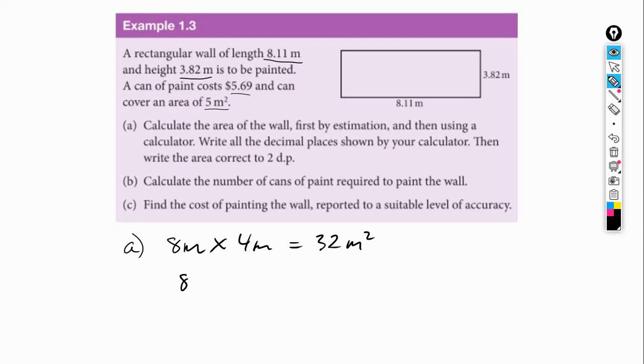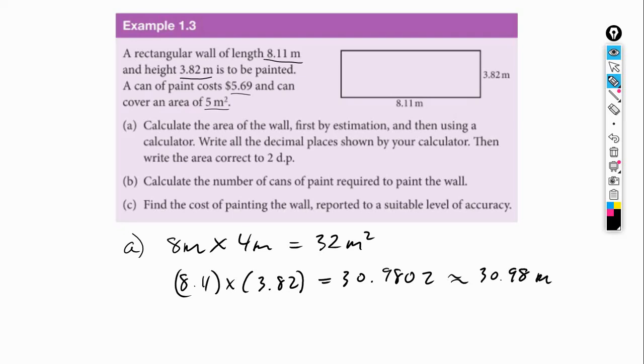So if we plug in 8.11 and multiply that by 3.82, we are going to get 30.9802. And it says write all the decimal places shown by your calculator, then write the area correct to 2 decimal places. So notice that that would just be approximately 30.98 meters squared. So notice that our estimation was off by more than 1 meter squared.